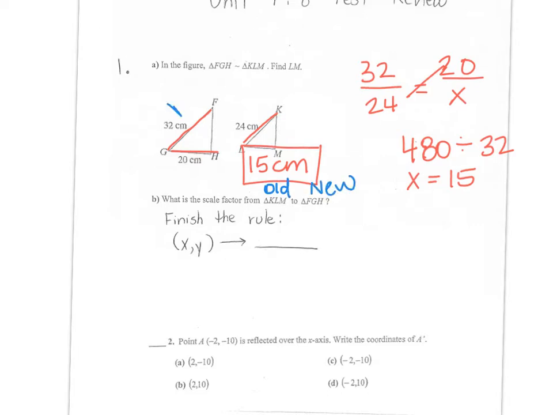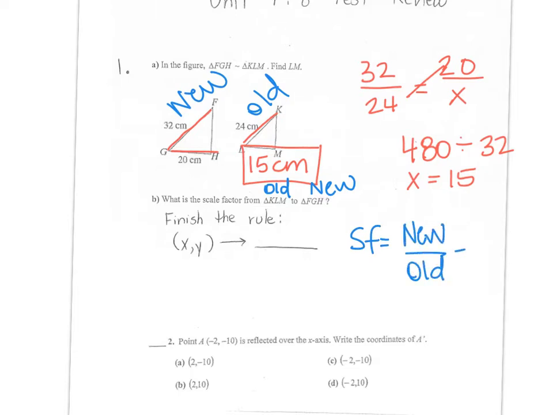So this is the new side and this is the old side. So I want to do a scale factor that says new over old. So I just pick any side that I know. I would say I'm going to pick this 32 over the side that corresponds with it, which was 24, and then I'm just simplifying.